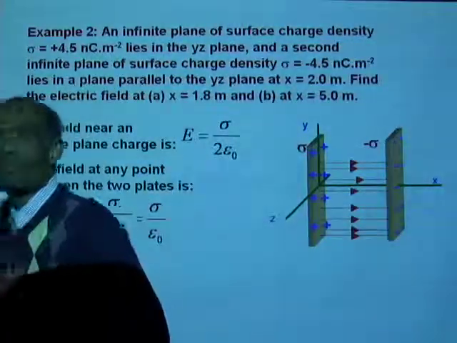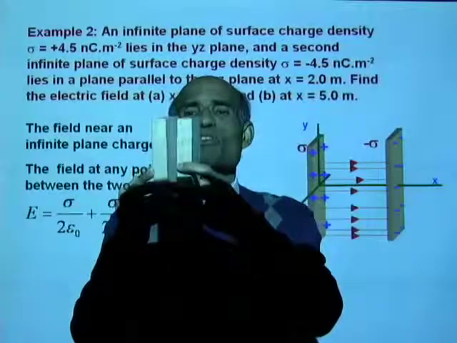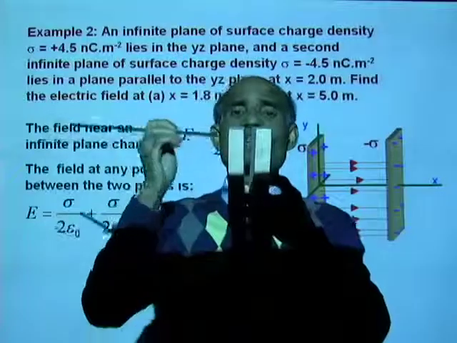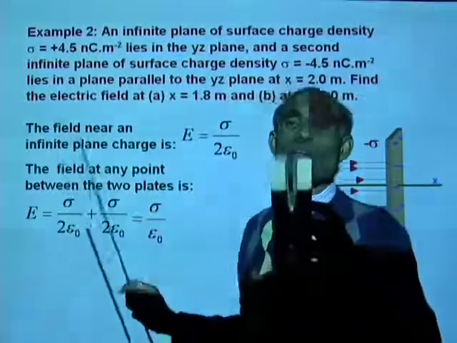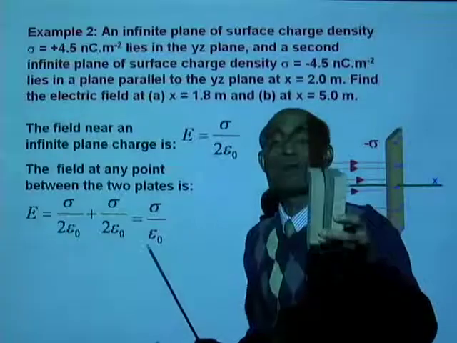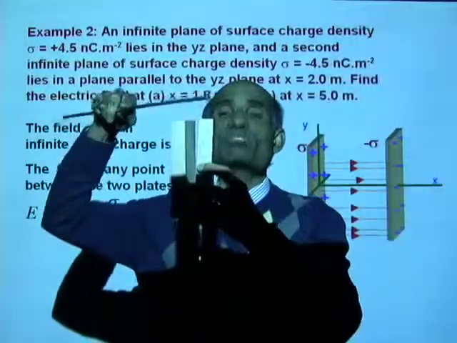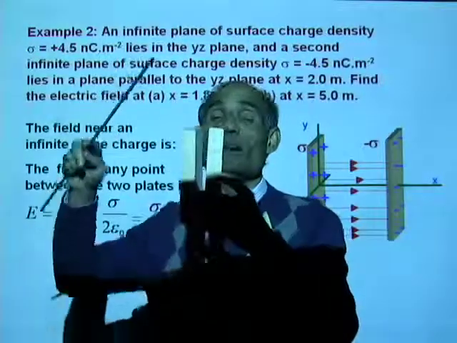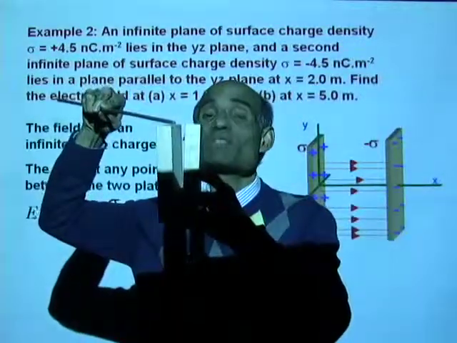And now that is a very important result. Very often we will consider this. If you have two plane charges like this that are kept very close to each other, what is the electric field at any point in between? The electric field at any point in between is sigma over epsilon naught, where sigma is the charge density at either of these plates. But remember, in such a case, one is positively charged, the other is negatively charged.